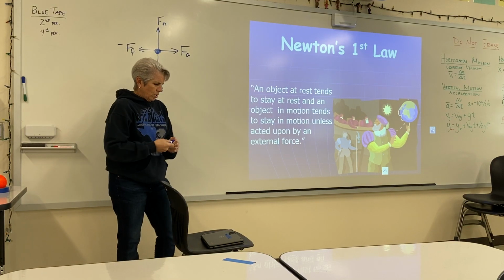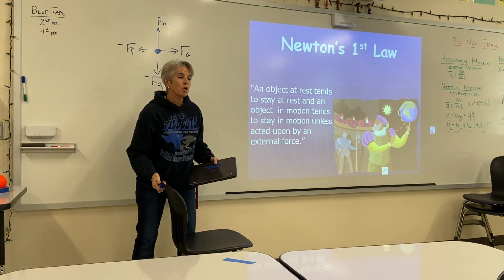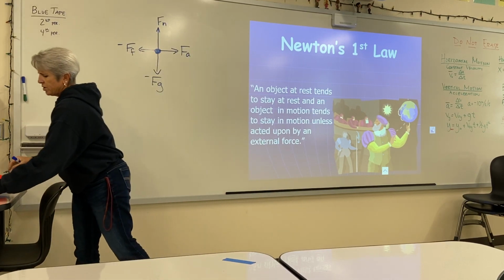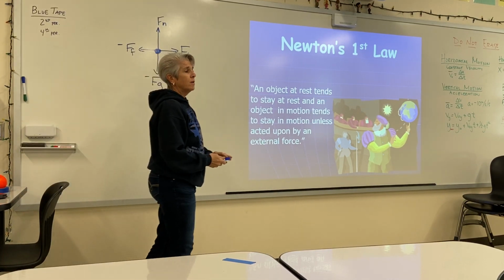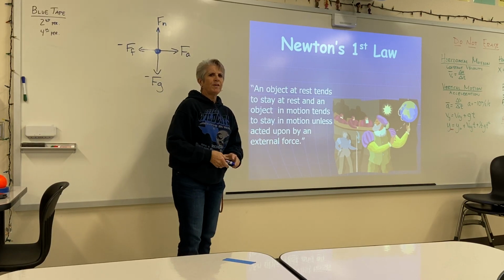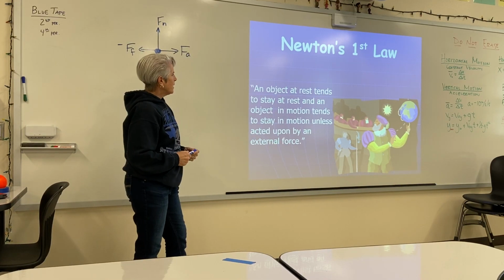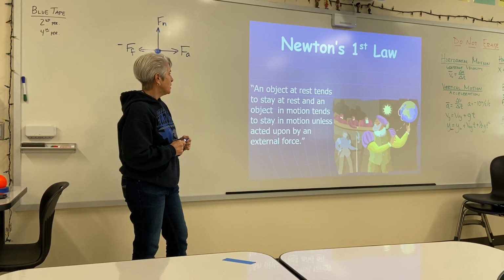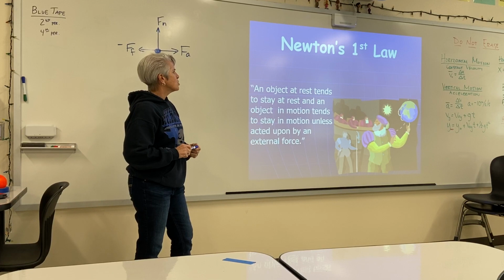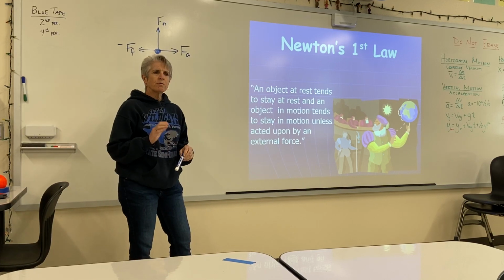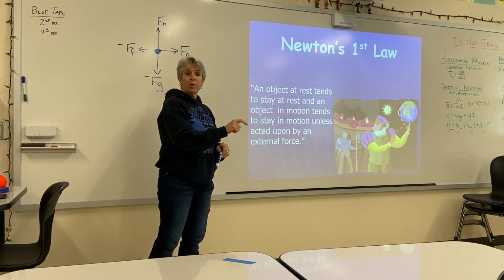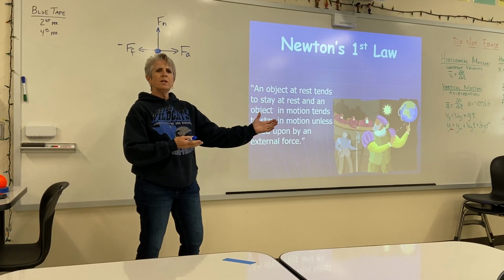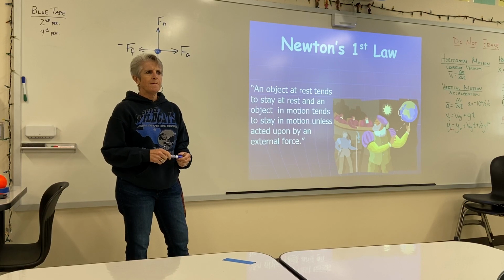So, when we talk about forces, we end up talking about Newton's laws. And these are laws that probably you could repeat or fill in if I got you started on them. Right? And you've heard of these laws, but what we want to do is kind of zoom in and take a closer look at them. So Newton's first law of motion talks about an object at rest tends to stay at rest, and an object that's moving tends to want to keep moving in a straight line at constant speed.